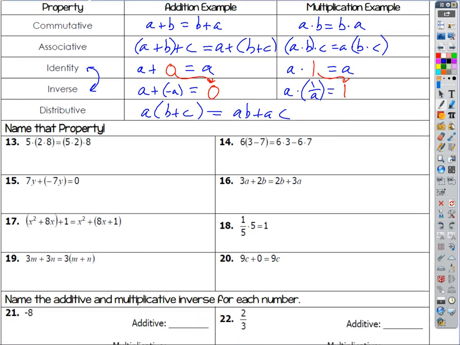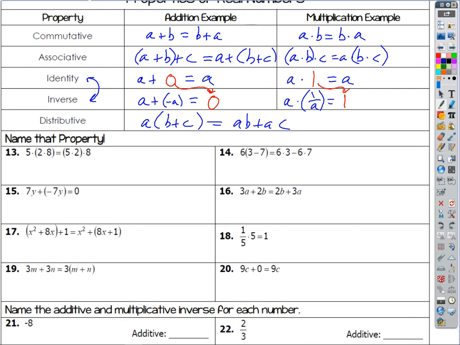So name some properties then. Tell me which property is illustrated, for example, in 13. Commutative multiplication. Okay, so that's commutative property of multiplication. Okay. How about 14? How about 19? It's also distributive.